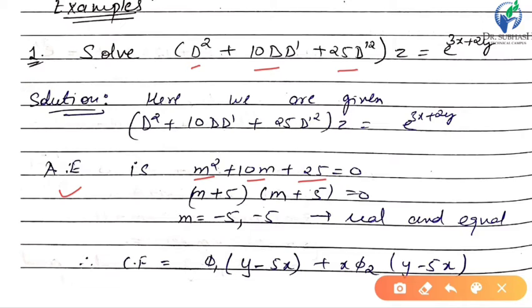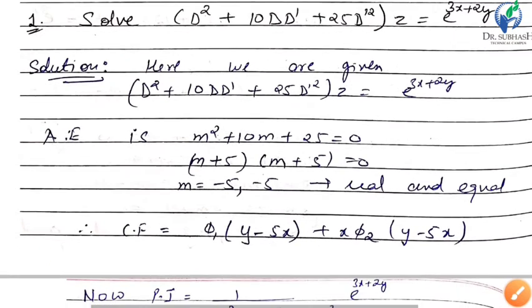By splitting the middle term, we get m plus 5 whole squared, since 25 can be written as 5 into 5, their addition is 10 and their multiplication is 25. So m equal to minus 5, and the roots are real and equal. So CF will be phi 1 of (y minus 5x) plus x times phi 2 of (y minus 5x).